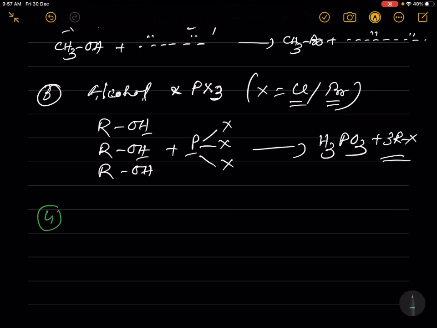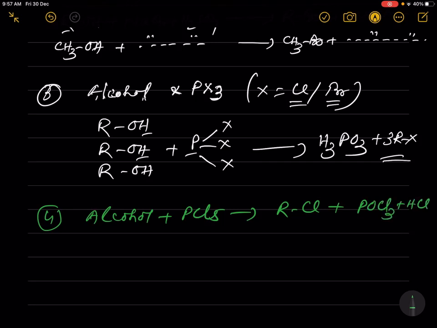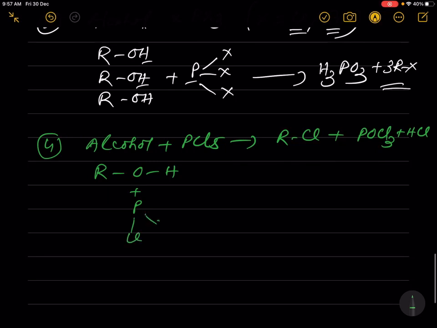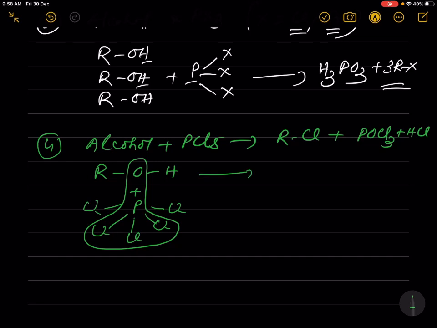Next, when alcohol is treated with phosphorus pentachloride, it gives alkyl chloride and POCl3 and HCl. You see, this is alcohol, just add PCl5, so you see this alkyl group combines with this Cl to give RCl.